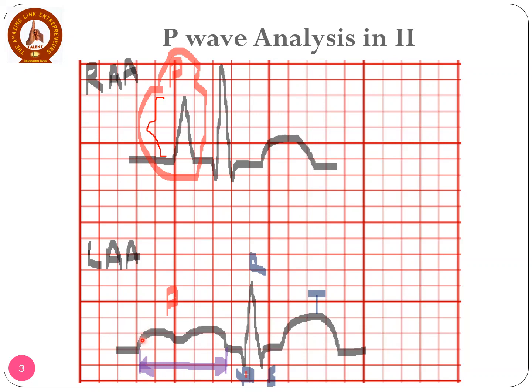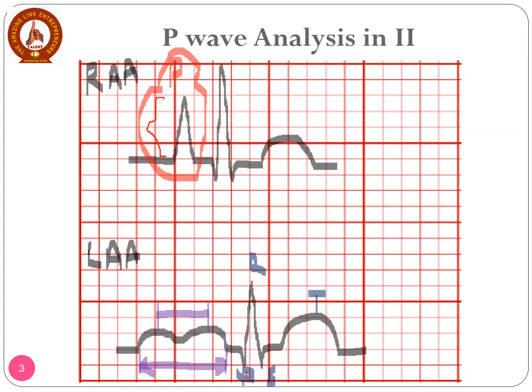But the amplitude is normal. The shape is bifid or M-shape in such a way that the distance between the two peaks of the P wave will be more than 0.04 seconds.